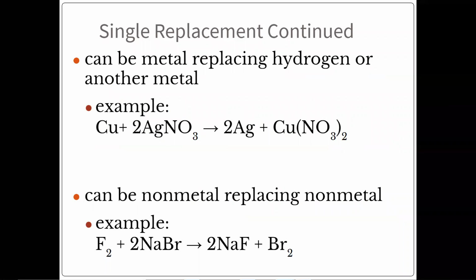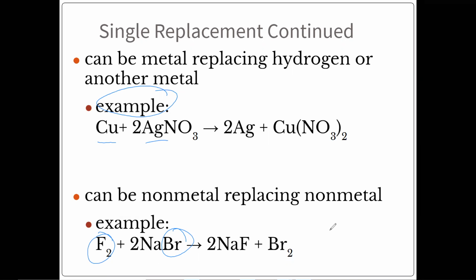So you could have a single replacement happening where it's a metal replacing hydrogen or another metal. So we've seen that already, but in this case here, with this example, we have copper that's coming in to replace the silver. Or you could have the opposite thing going on. You could have a non-metal, in this case fluorine down here, coming in and replacing bromine in this compound.